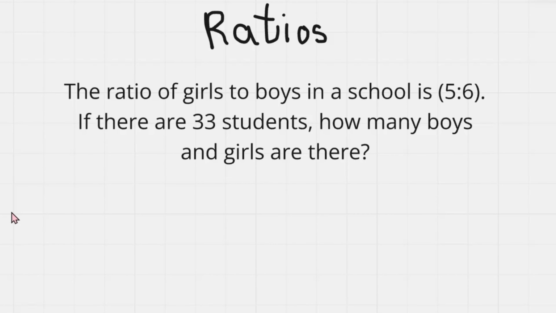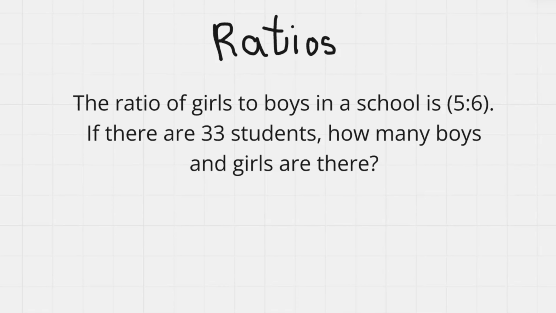Now here, I have a ratio word problem for you. The ratio of girls to boys in a school is 5 to 6. If there are 33 students, how many boys and girls are there? So the first thing we need to do is underline the most important parts of this sentence. One important part is how many students there are in total, and we know that there are 33 students in total.